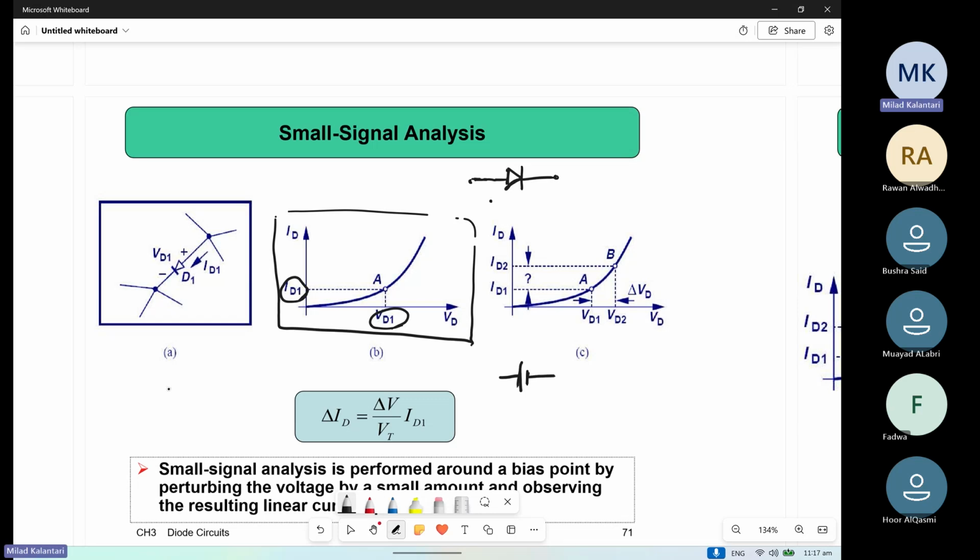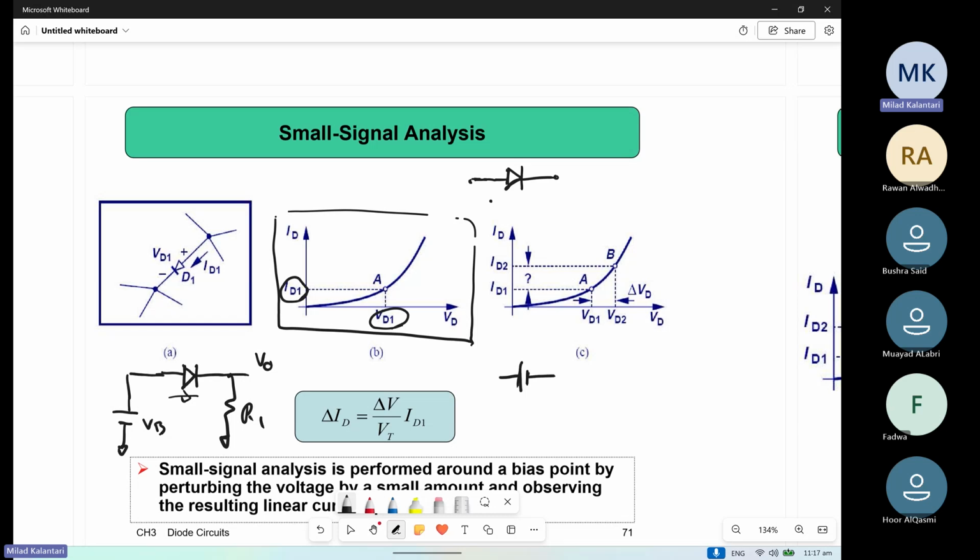Let's say your circuit has this diode, this resistor R1, and here is Vout, and you have another battery over here. You know that the diode is on and carrying some current.